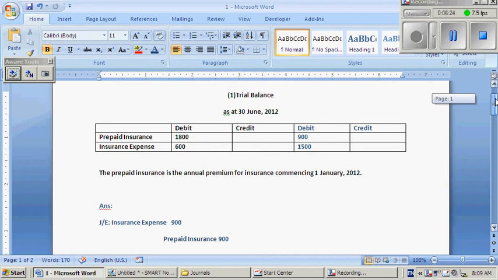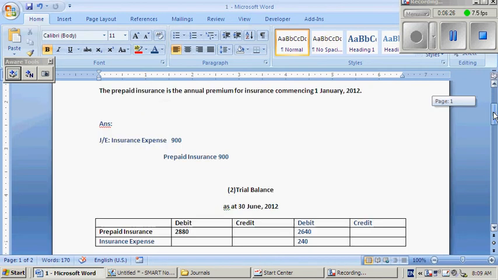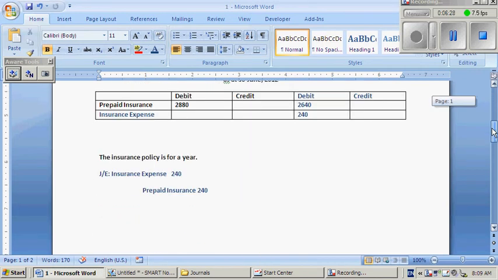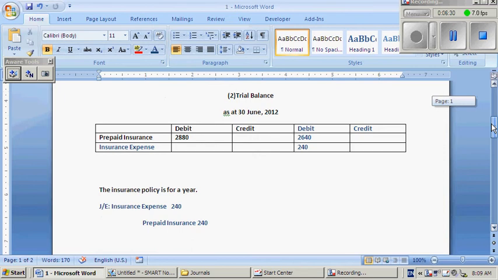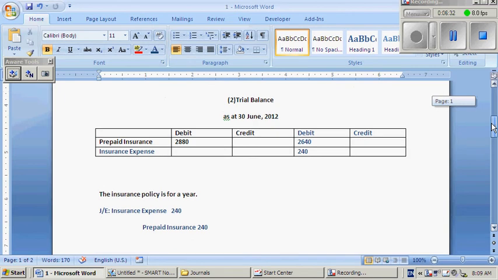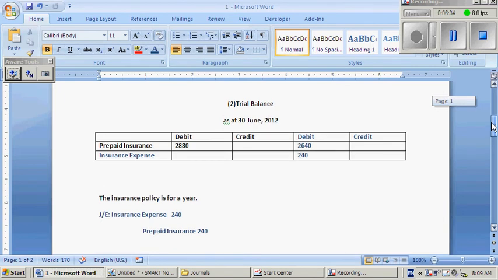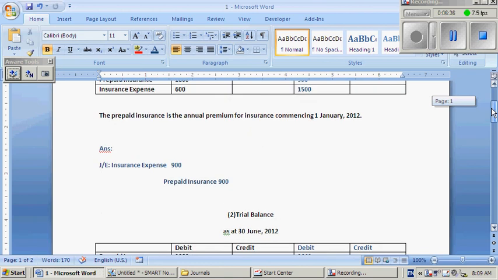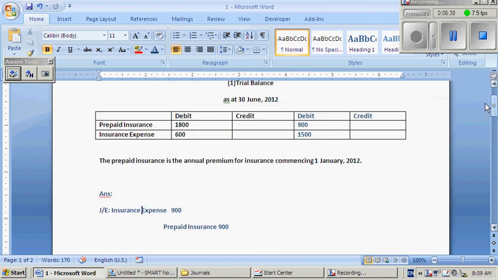Let me look at the second one. Second one is very similar with the first one, but just a little bit difference. The main difference is this one commencing in 1st January, and you are doing trial balance, I mean adjusted trial balance, and 30 June, so 6 months gone.